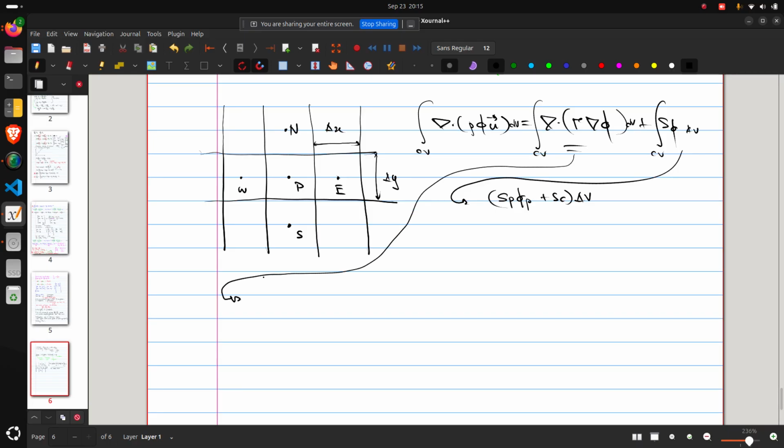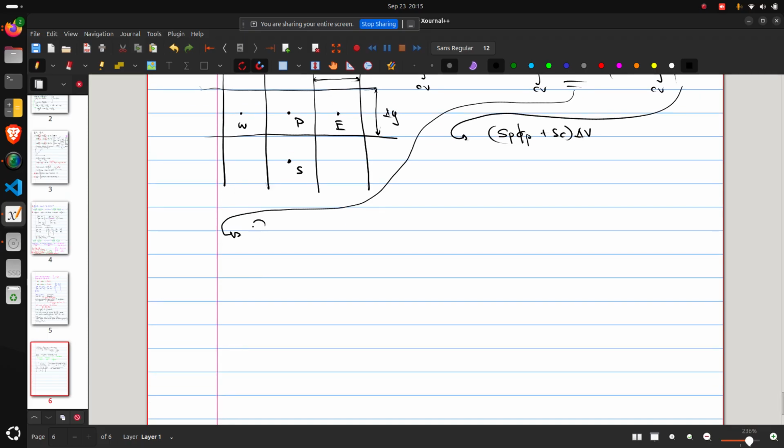How to deal with this? We will use the Gauss divergence theorem, remove the divergence operator, and we will be left with the gradient vector and the area vector, which will be nothing but summation over all the faces of gamma times the gradient of phi at the faces times dA, right.